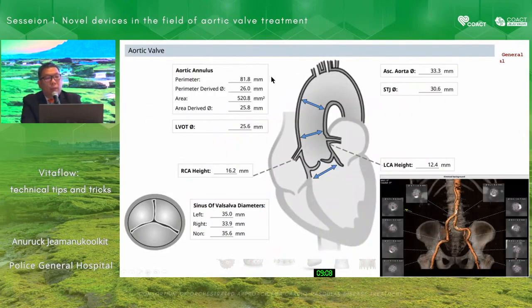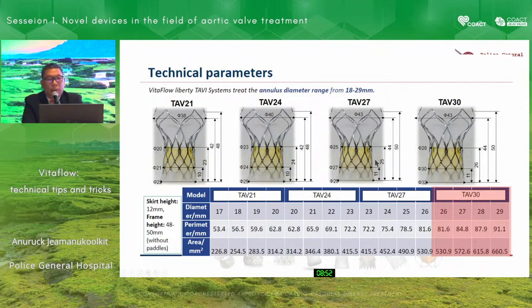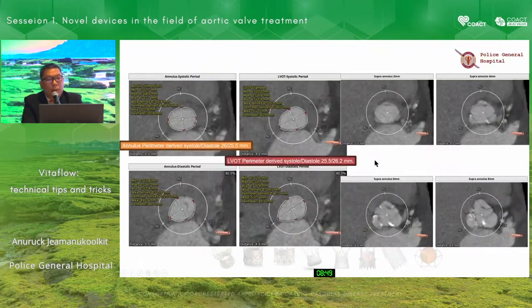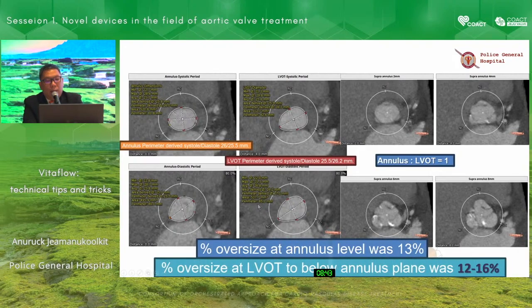The diameter of the annulus in this case is about 26, and the LVOT is about the same size, 25.6, so it's quite nice. We have no coronary occlusion problem, and the leg access is big enough for the Vital Flow. The choice of valve is 30, and when we measure in systole and diastole it is the same, not much different.